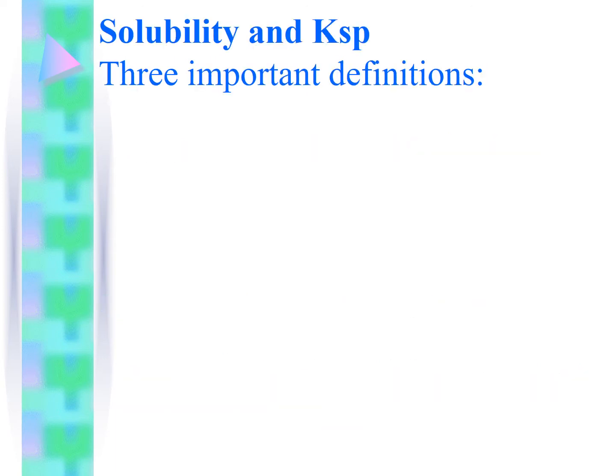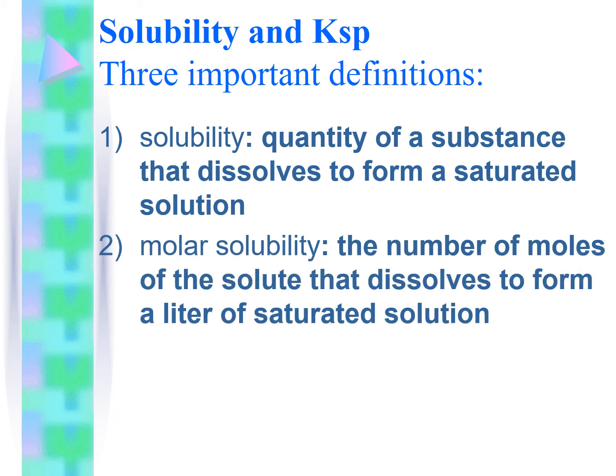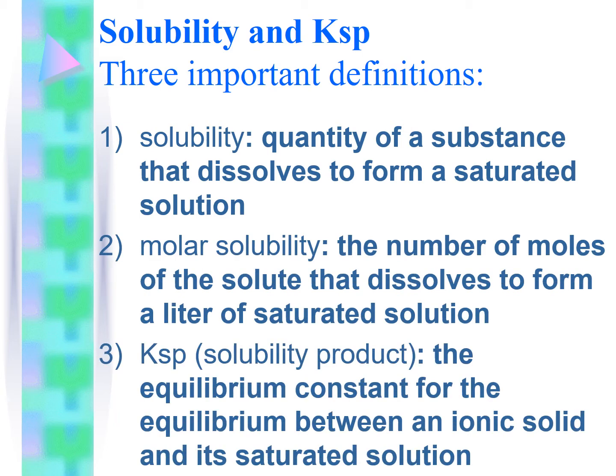There are some definitions that are important for you to remember. And most importantly, solubility, molar solubility, and KSP are different. Solubility is really the quantity of the substance that will dissolve to form a saturated solution. We often quantify this by talking about molar solubility, which is concentration.